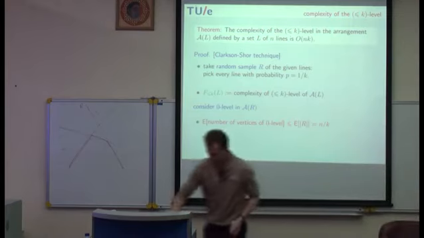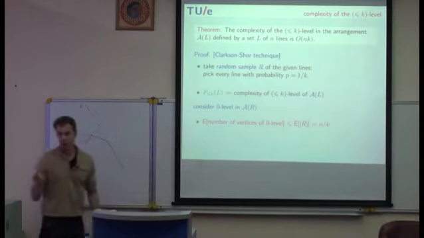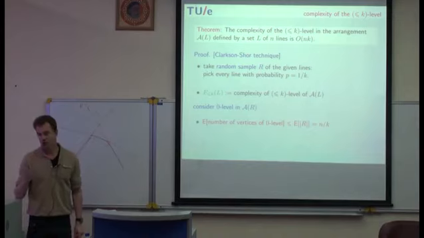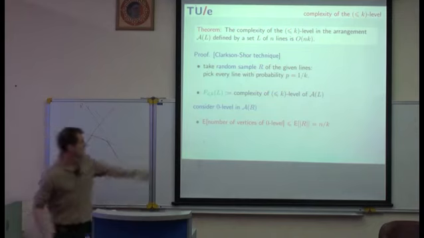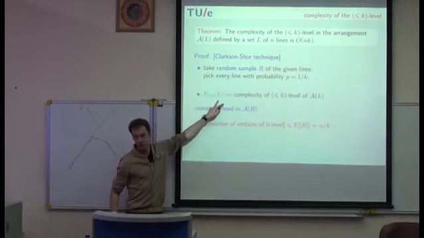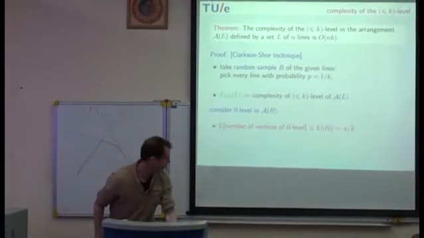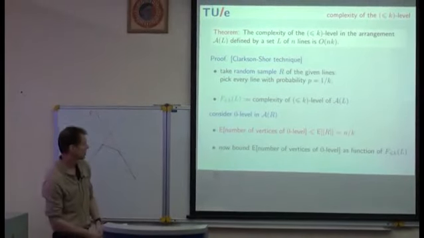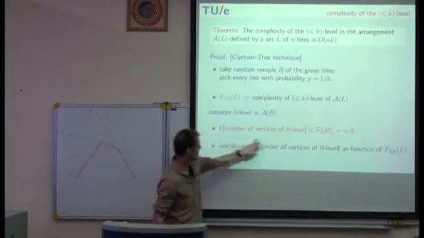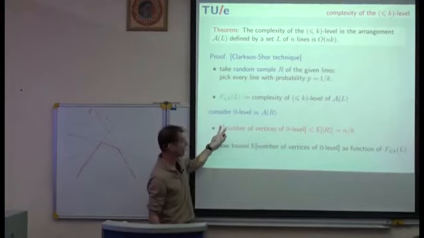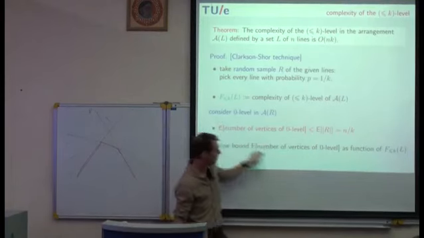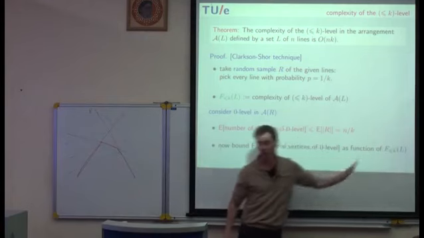Now, I want to have a second bound on the expected complexity of the 0 level, but now in terms of this thing, and then by combining these two things, we will get what we want. So I'm going to bound this same quantity, but now in a different way, namely as a function of this thing.